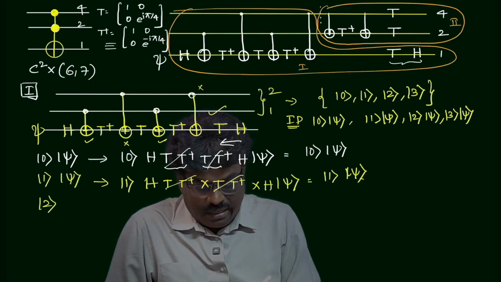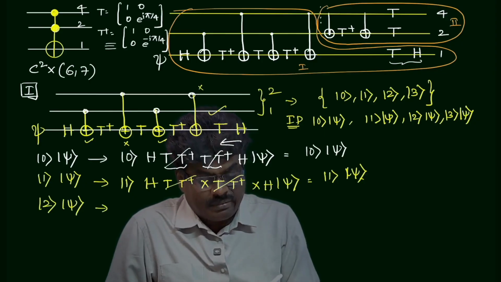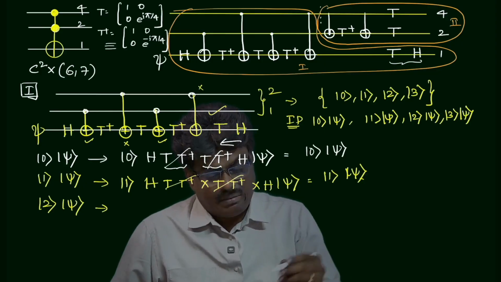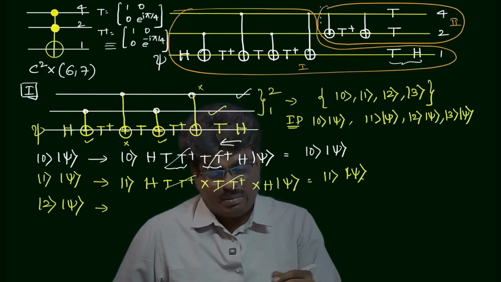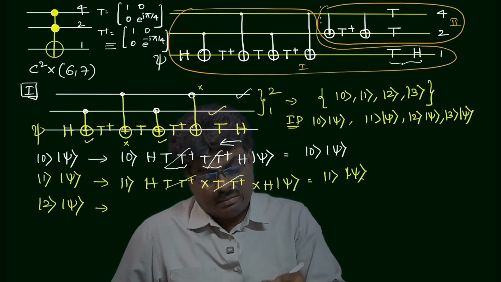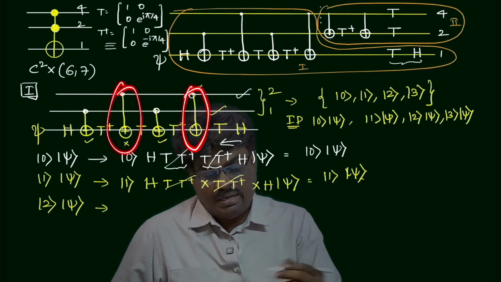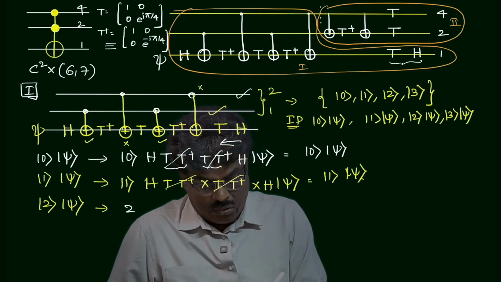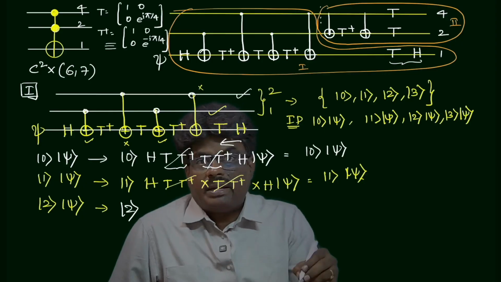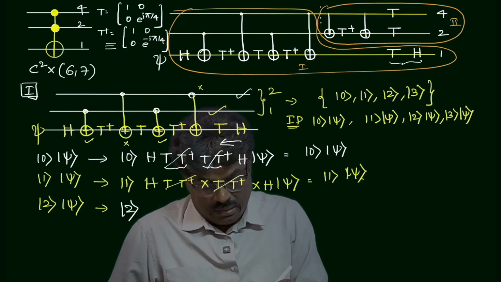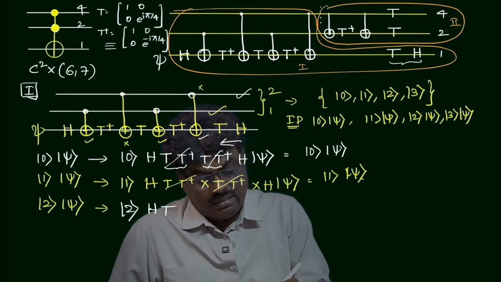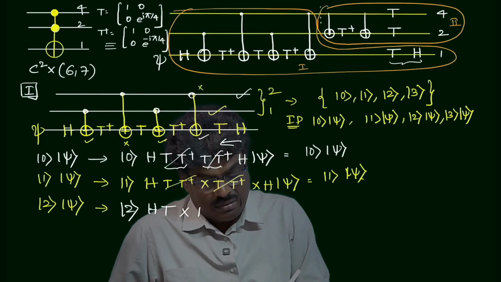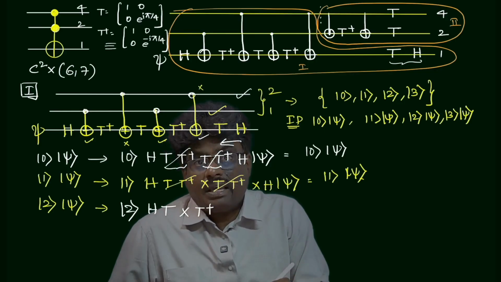Next, still not understanding, 2 psi. Now this time this 2 is on, that means which gate? This gate will operate on psi. So 2 as it is, because there is no gate on 2. That means now next one H T, yes, this time X is on, T dagger, next X off.